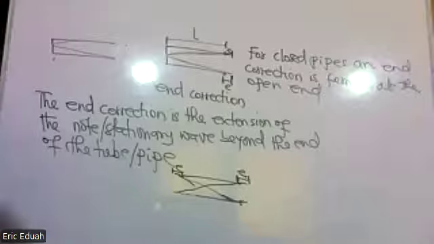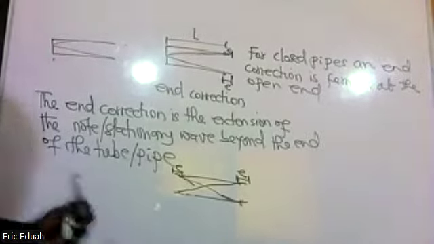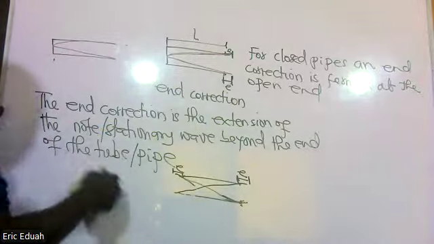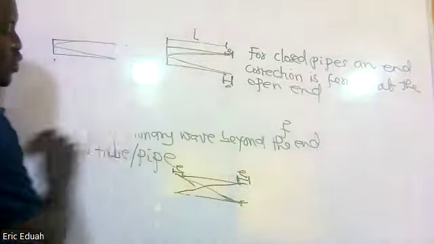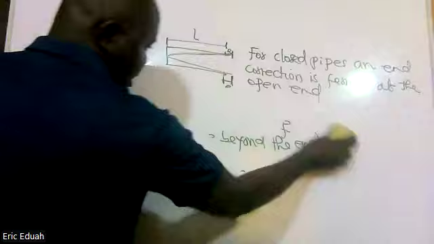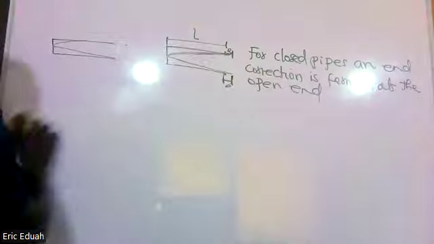Now, if there is an end correction, let's look at how that can be factored into the notes, the harmonics. Let's see how end correction will be factored into the frequencies or the harmonics for both closed and open pipes.